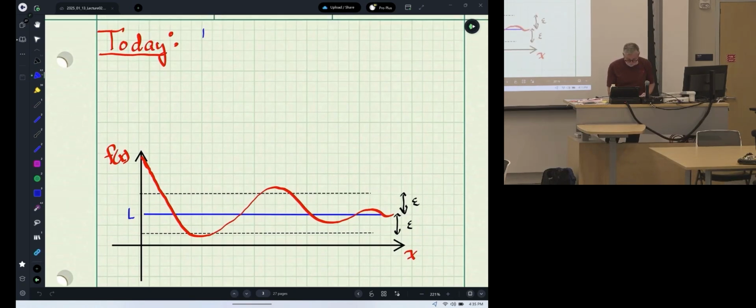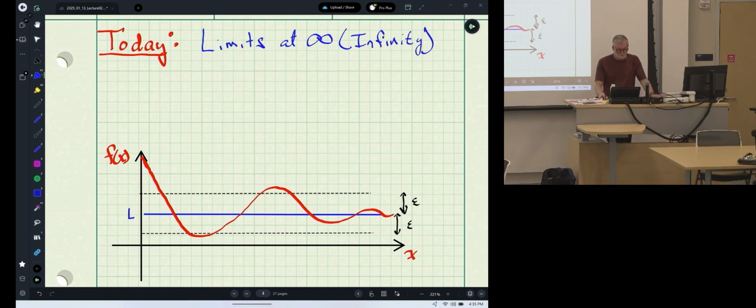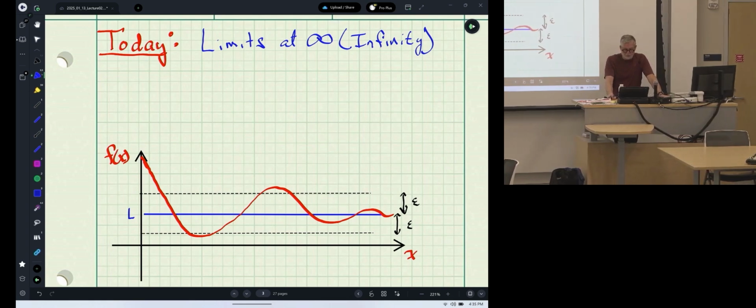And today we're looking at limits at infinity. And I'll define all these terms, L and epsilon, et cetera, in just a little bit.